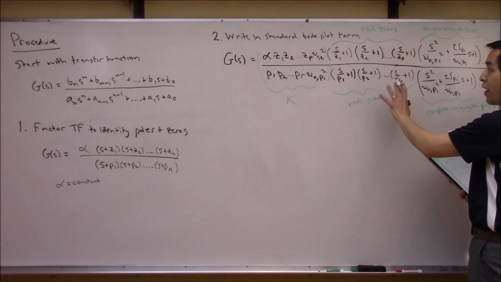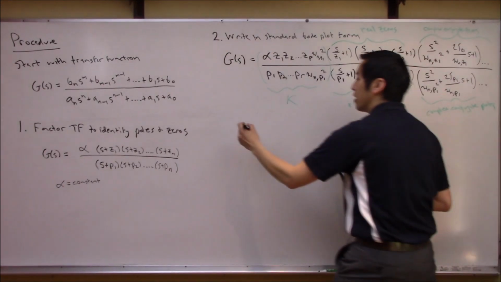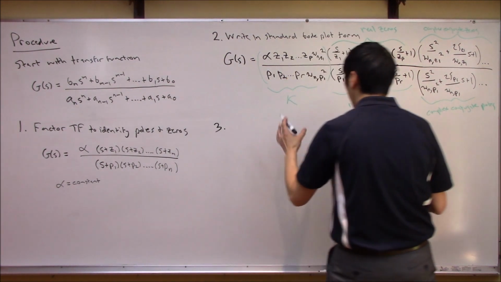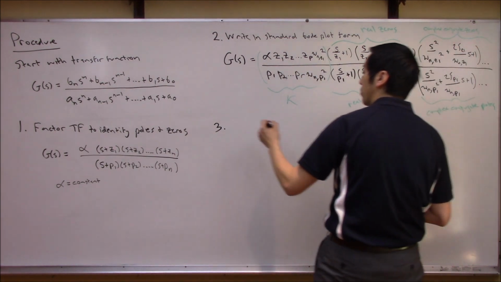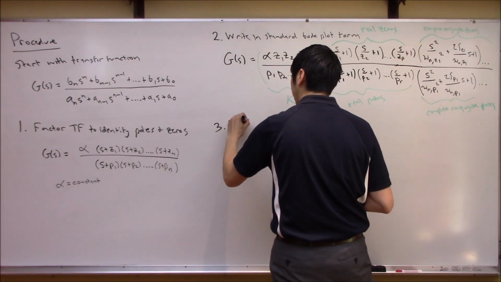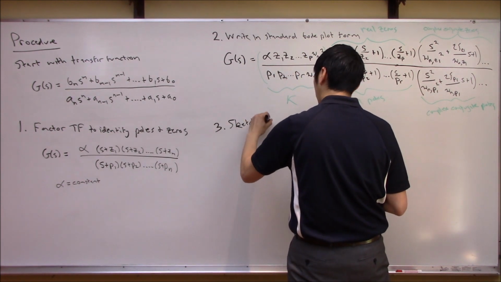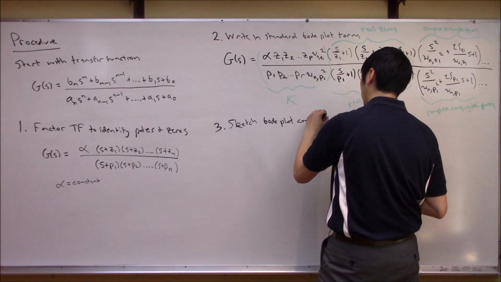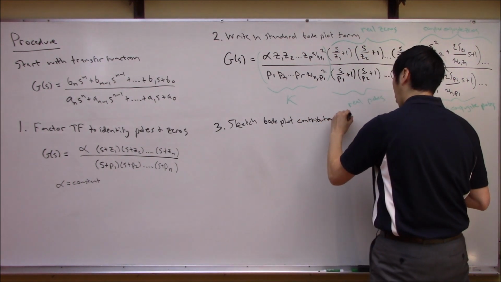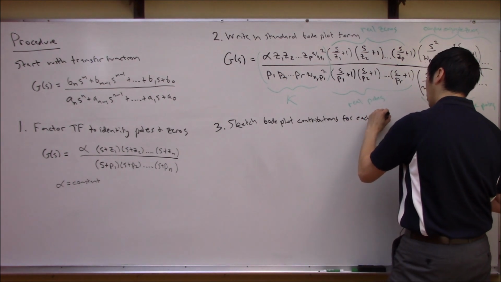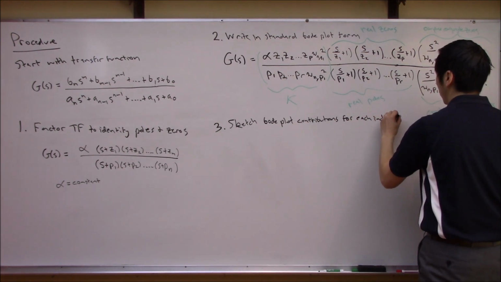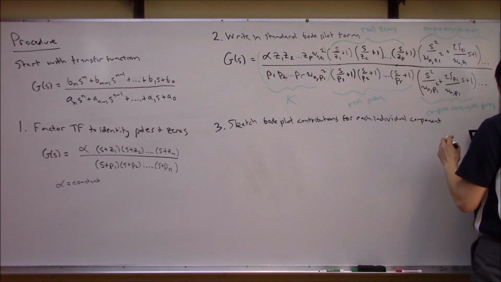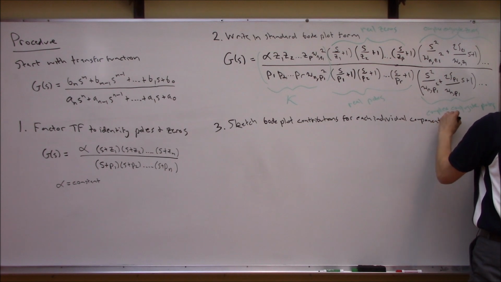So once you have it factored and written in this standard Bode plot form, step 3 is actually pretty simple. Step 3 is just to sketch the Bode plot contributions for each individual component by themselves.